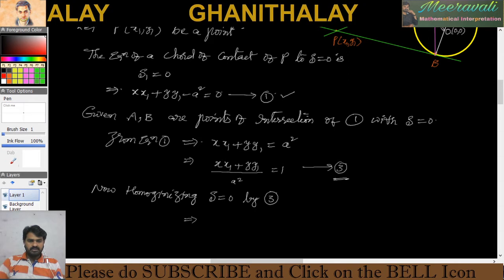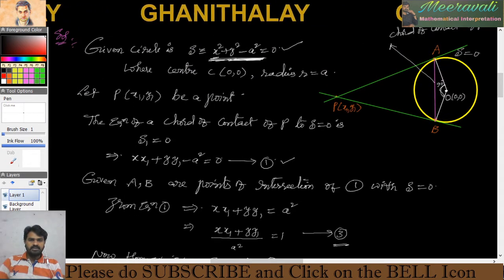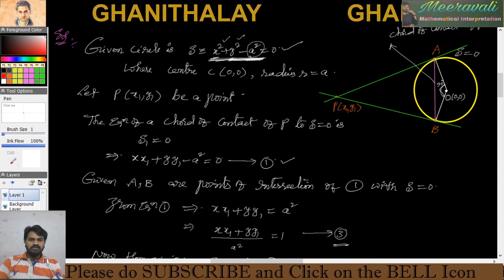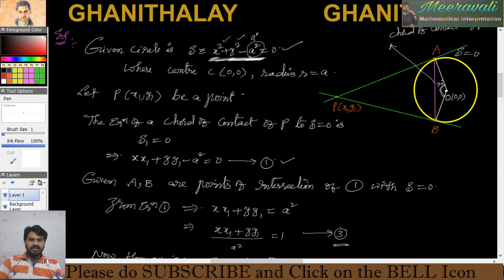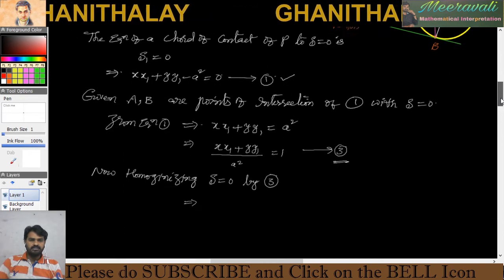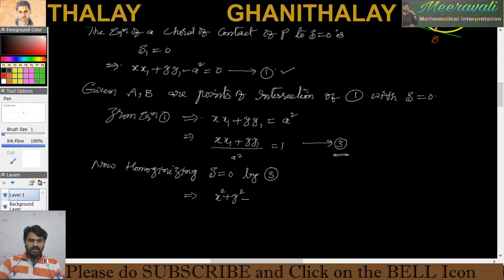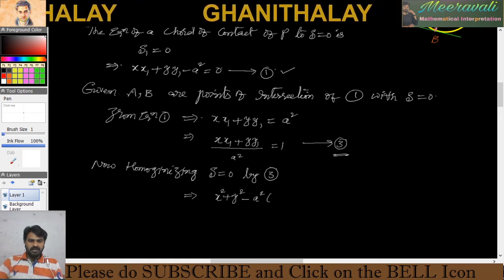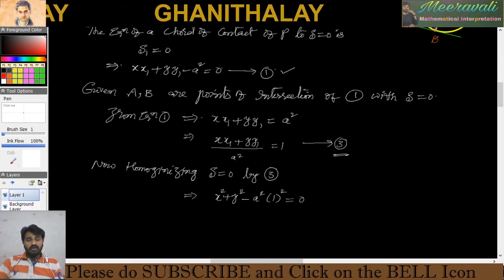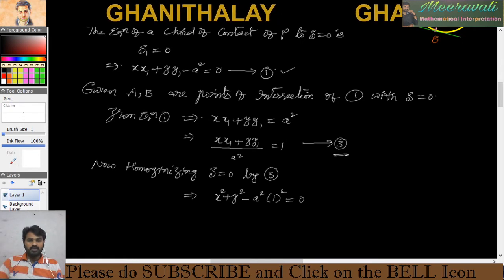So what is the S is equal to 0 equation? This is x square plus y square, here degree 2, here degree 2, and this is the constant term, which can be written as a square into 1 square. That is what homogenization means. Now x square plus y square minus a square into 1 square; homogenizing means equating the power of every term.